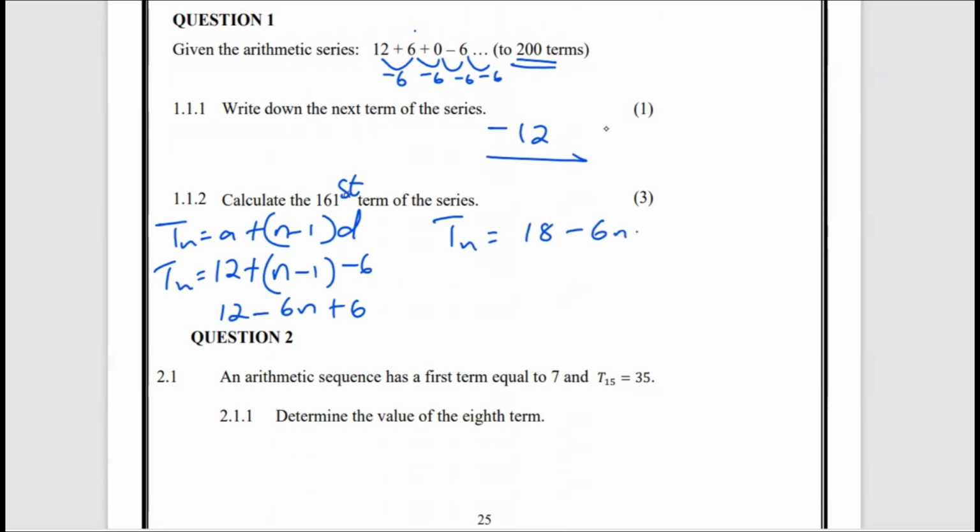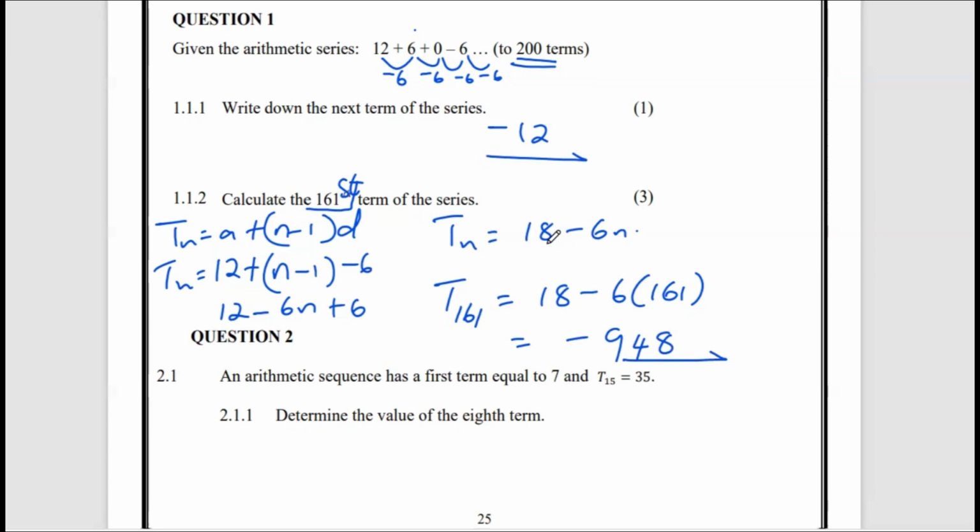Now, since we're looking for the 161st term, it will be T161, which is 18 minus 6 times 161. We go to our calculator and punch that in, and I'm getting negative 948, and that becomes our answer.